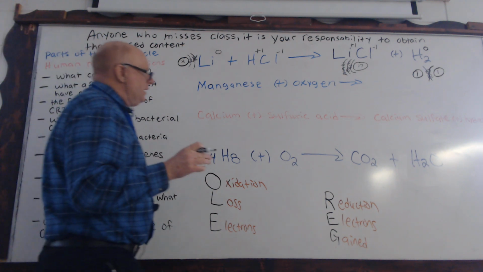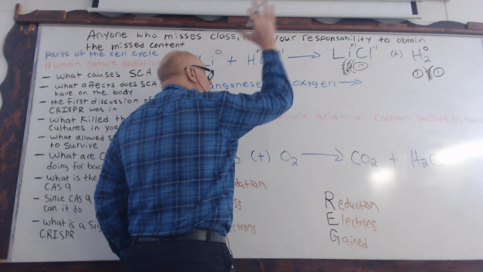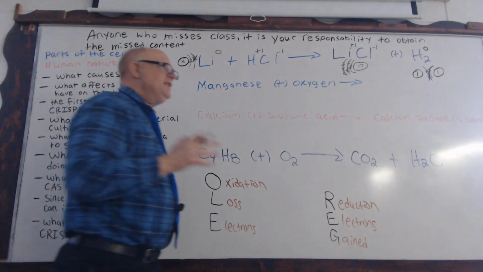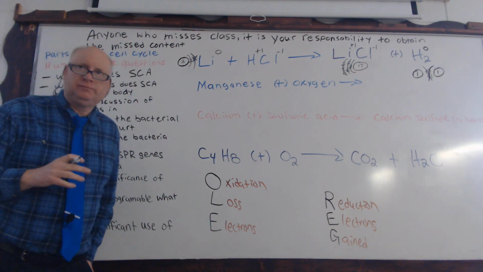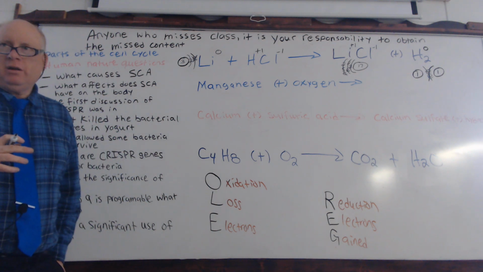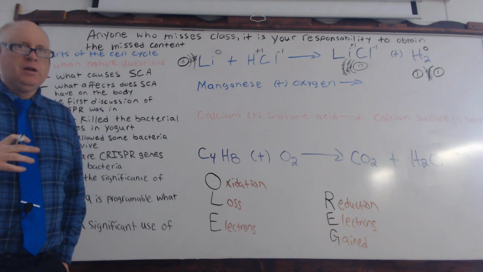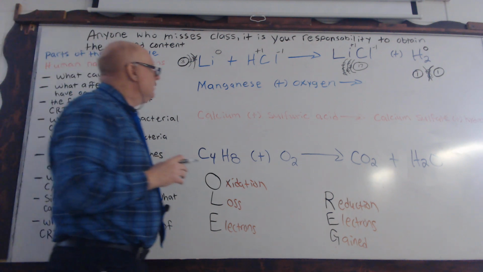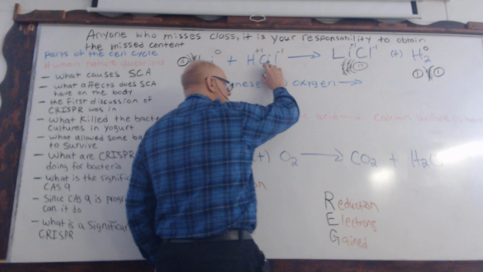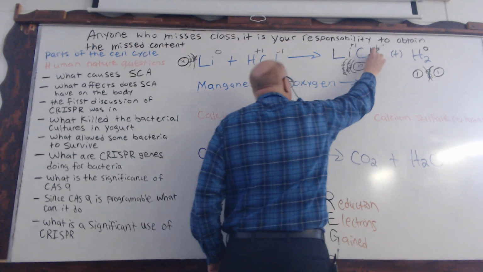One of the things that we see, there's one aspect up here that did not change. The charges. There's one of them that has a charge that did not change: chlorine. Because that was a -1 on this side, it's a -1 over here.